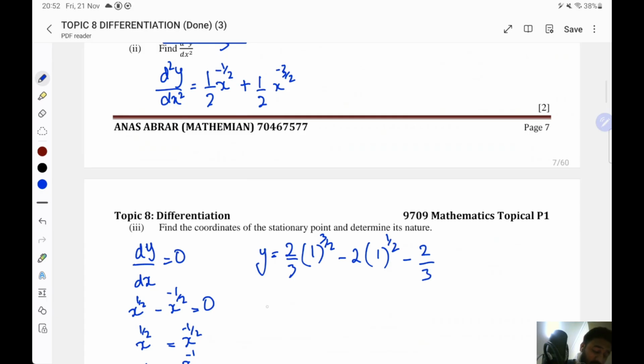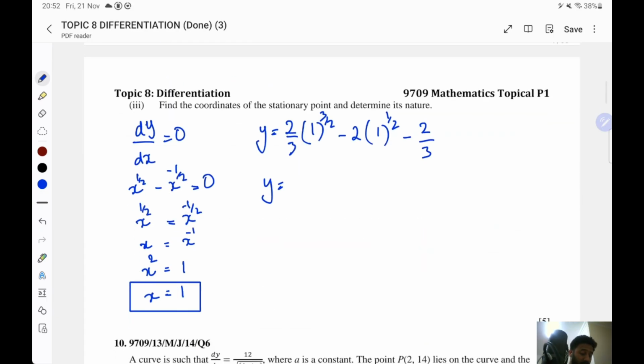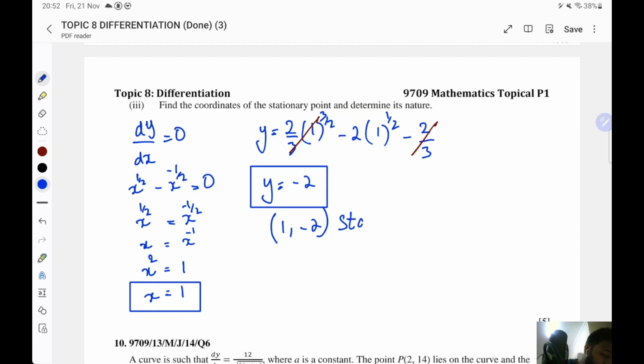So y equals 2 by 3 minus 2 minus 2 by 3, the 2 by 3 terms cancel out automatically, and we will be left with y equals minus 2. So the coordinate of the stationary point is 1 comma minus 2.